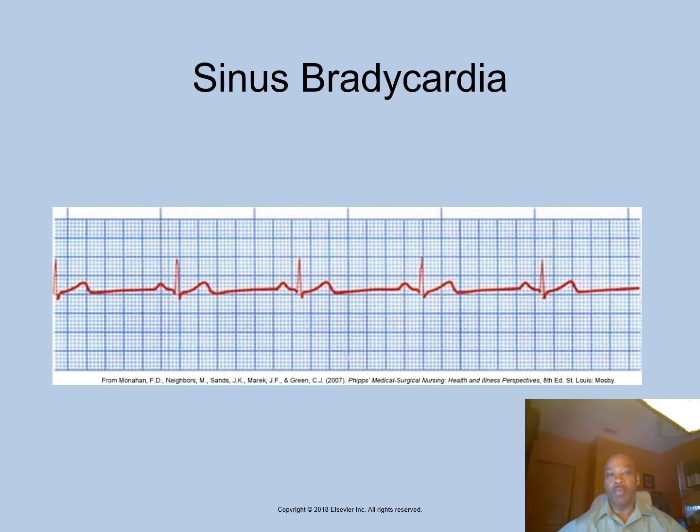So right now we are still dealing with all of the electrical impulses originating from somewhere in the atria, whether it be from the SA node or some other area in the sinus area or the right atrium. And we will be getting to those rhythms that originate in the ventricles, but we haven't gotten there yet, so I will let you know.